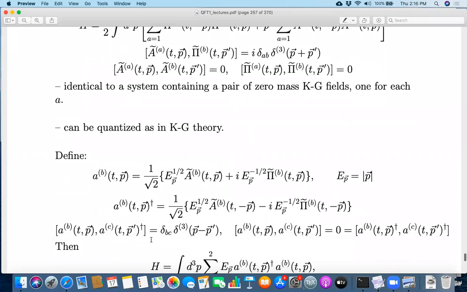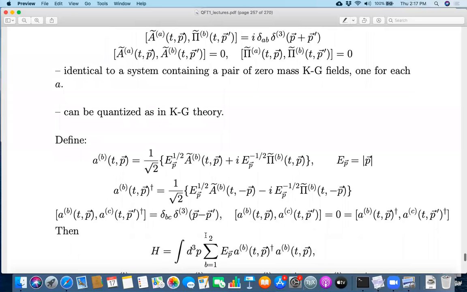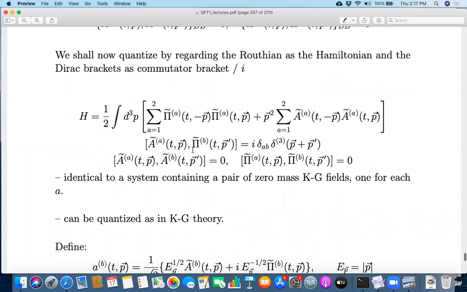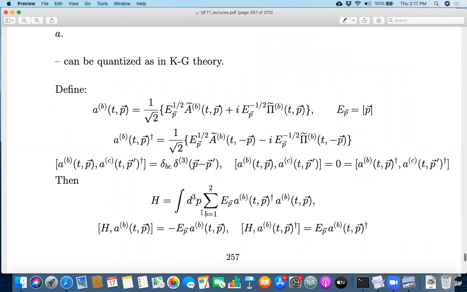And then it follows from these commutation relations that the A_B, A_C dagger commutator gives you delta_BC times delta of p minus p prime. These are like two different Klein-Gordon annihilation and creation operators. And the A-A commutator is 0, and similarly the A_B dagger, A_C dagger commutator is 0. And the Hamiltonian, when we express it in terms of these creation and annihilation operators, takes the standard form. Again, this is the same as what we had for Klein-Gordon theory.